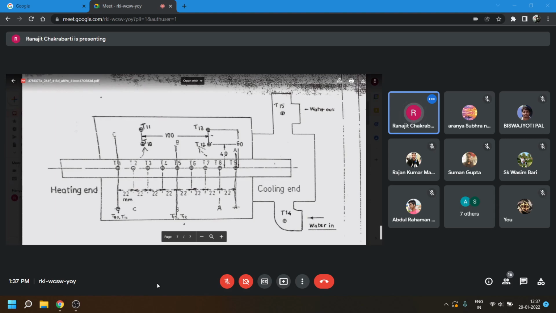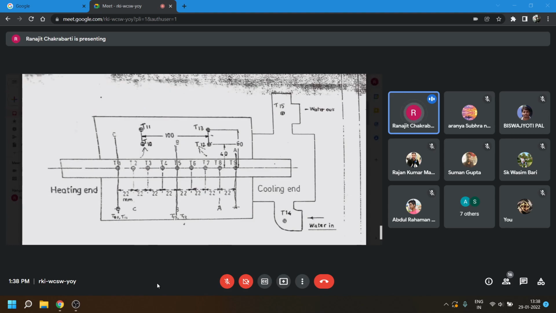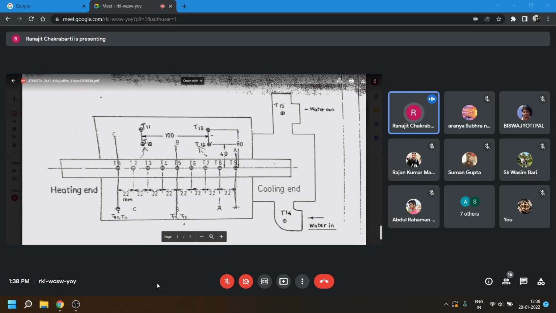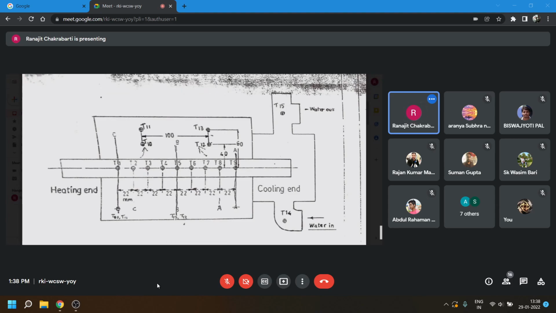Now we started the heating and the cooling. When we started the heating and cooling together, the temperatures of this cross section and this cross section are maintained at different values.